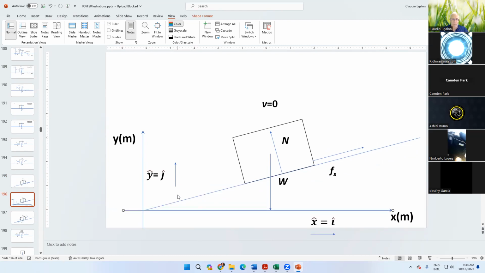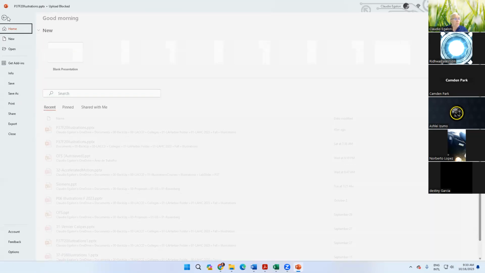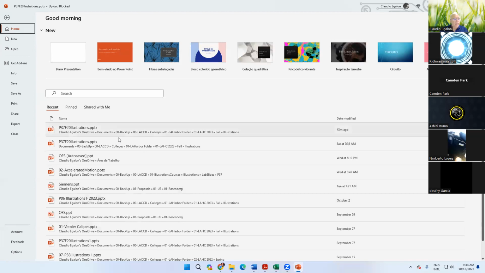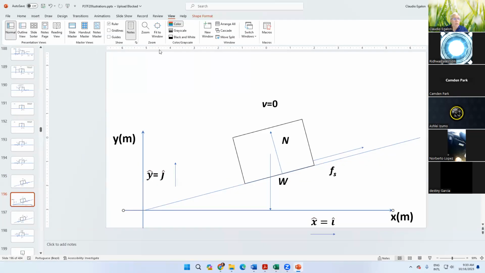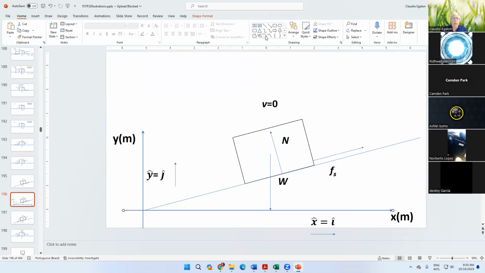Like that. This angle here is theta. And this one equals this one right in here.